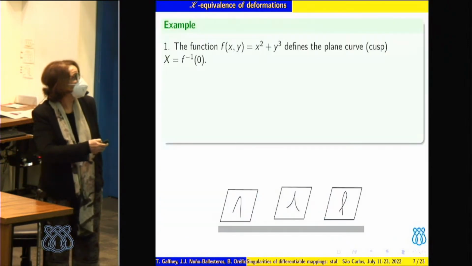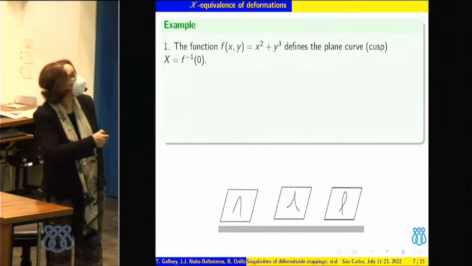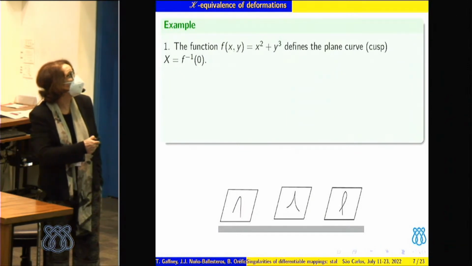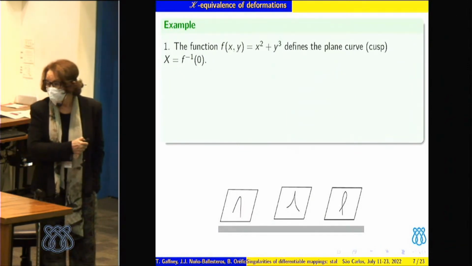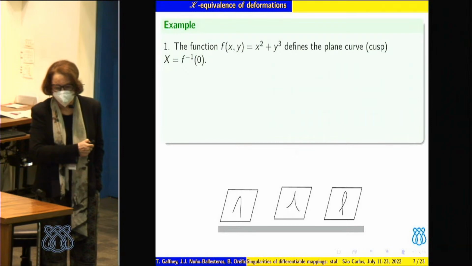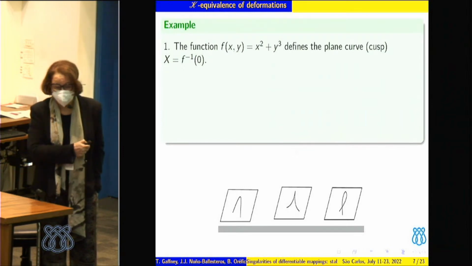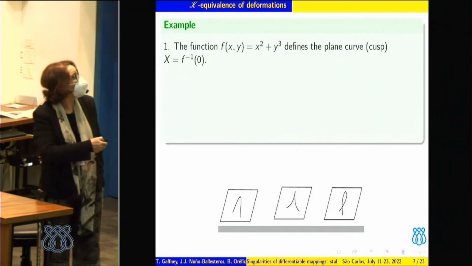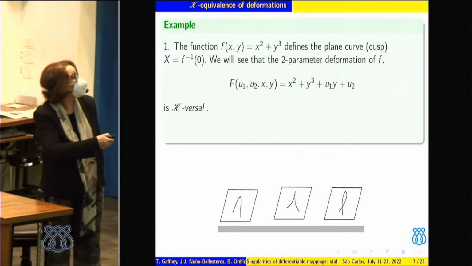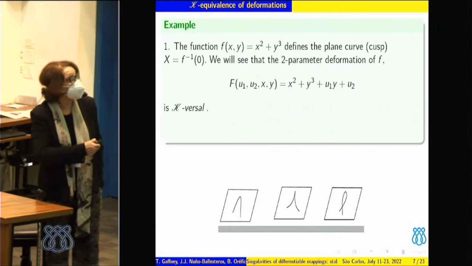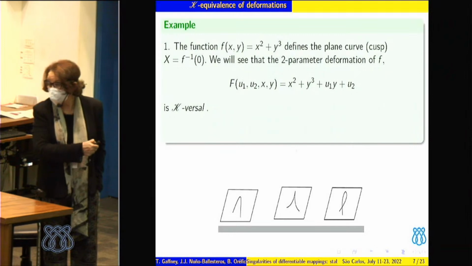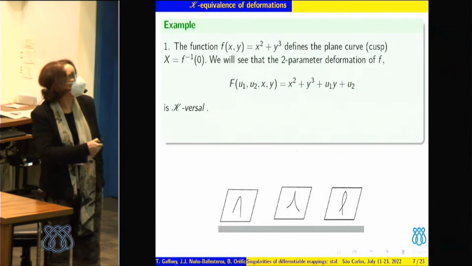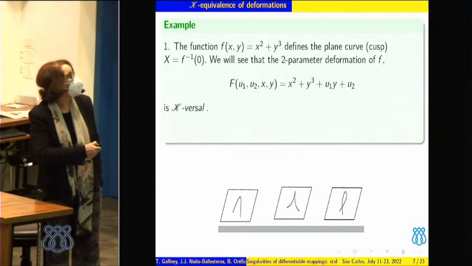So let's go over one example here. For instance, if I take the function x^2 + y^3 that defines a cusp, we can embed this function in this two-parameter unfolding. When u1 and u2 are 0, I go back to my f.